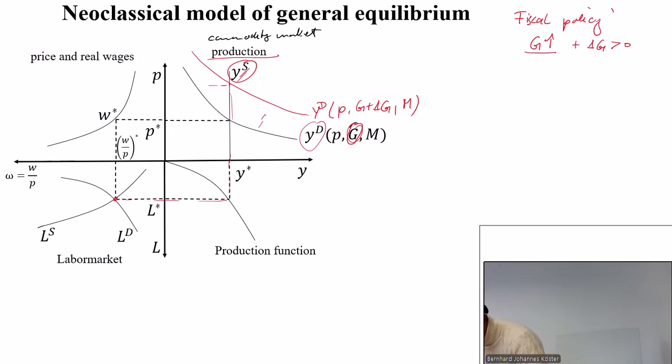But we have now a new cut of the new demand curve and the old supply curve, and this determines for us now a new price level, where we could think, okay, the firms are quite happy.